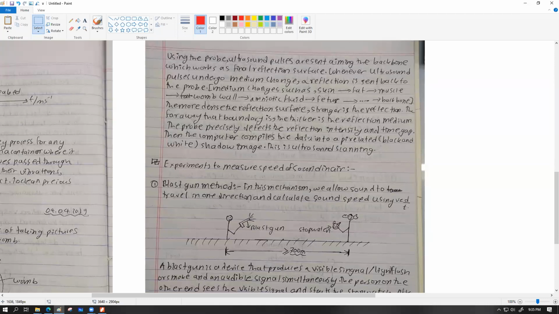So it says the more dense the reflection surface, the stronger is the reflection. The farther away that boundary is, the thicker is that reflection medium.